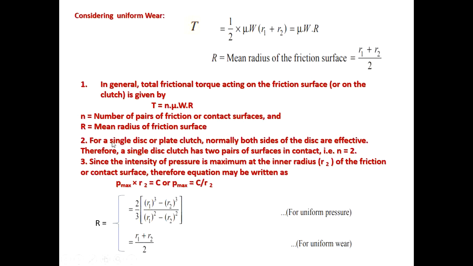Now the second point is, for a single plate clutch normally both sides are effective, so we have to take n as 2 by default.